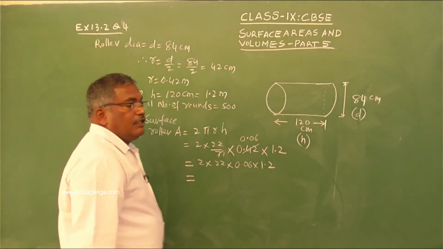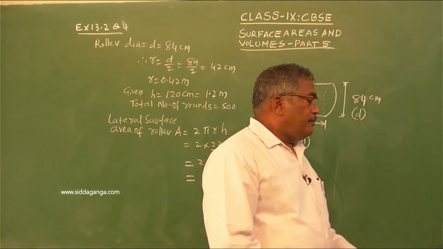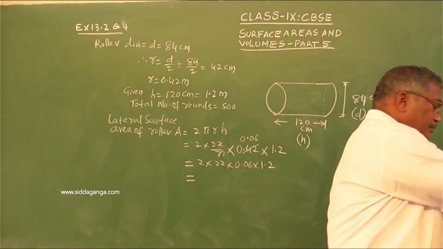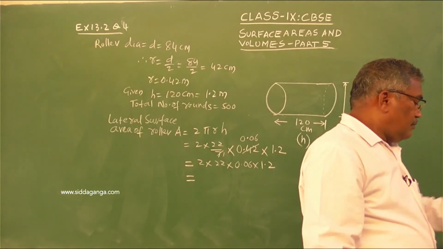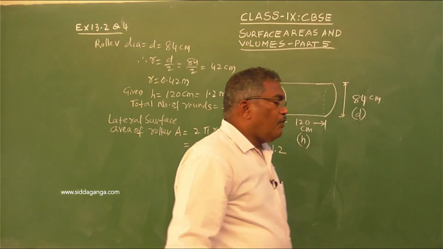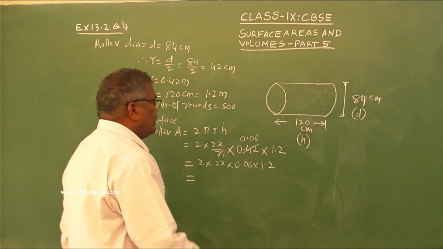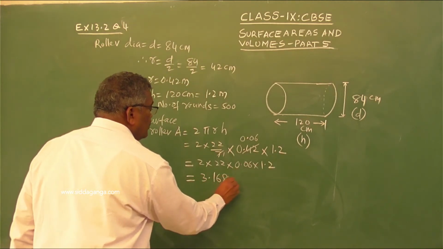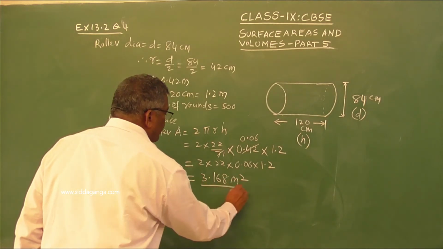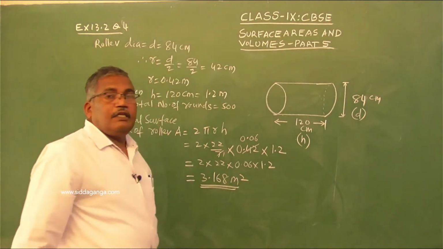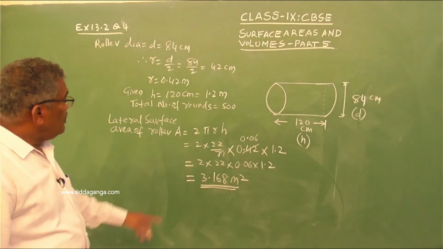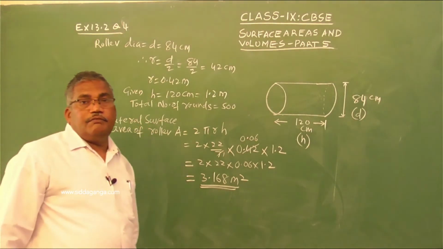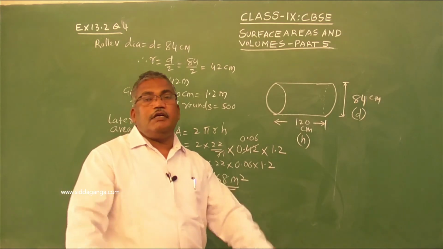So you multiply this. 3.168 meter square. So this is for one revolution, that is one curved surface area of the roller.